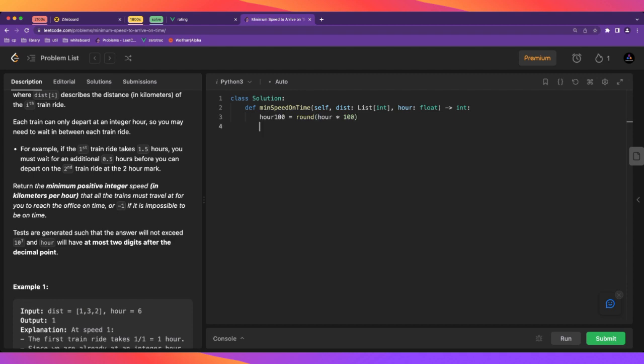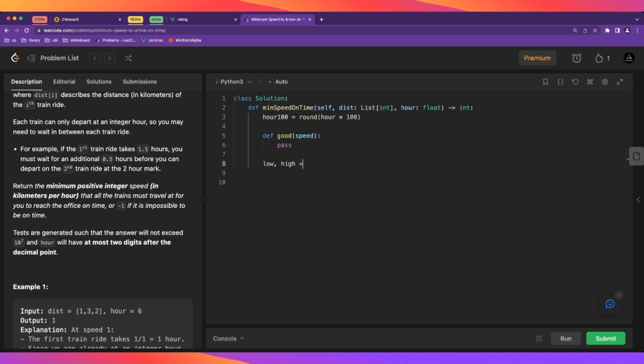Anyways, so then we can think about a function good that we're gonna give a speed, and it's going to tell us whether we can reach the office on time for that speed or not. But let's imagine that we have that. So now we can do the binary search, which is always the same.